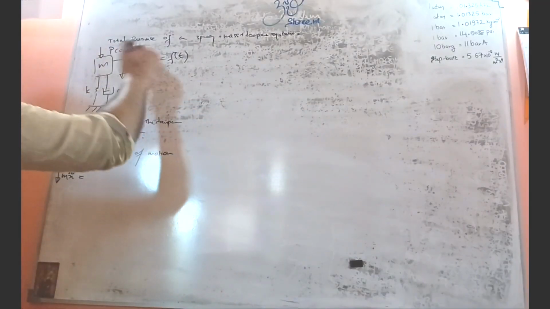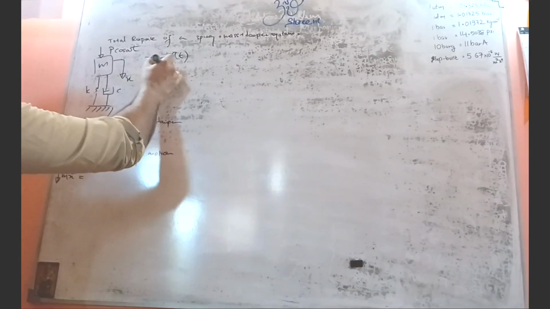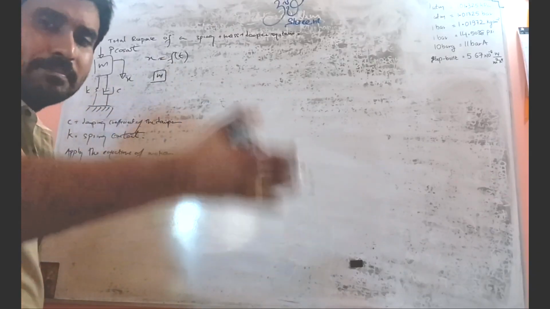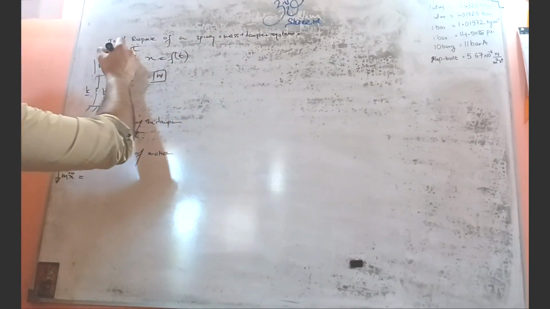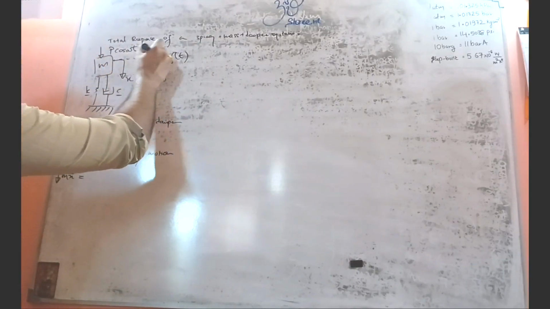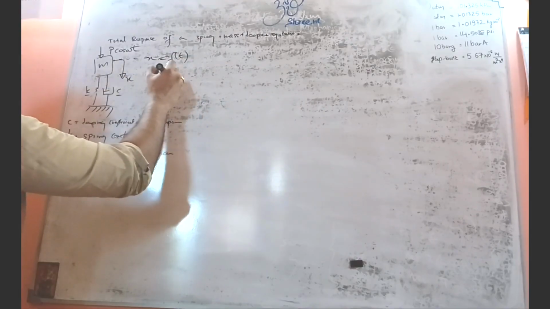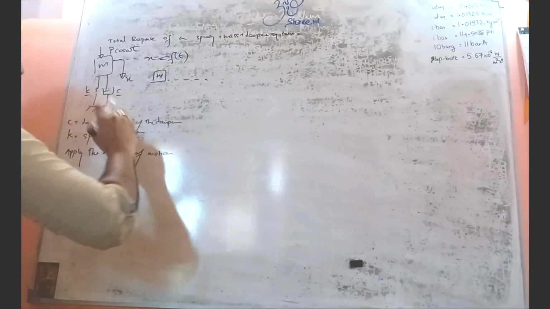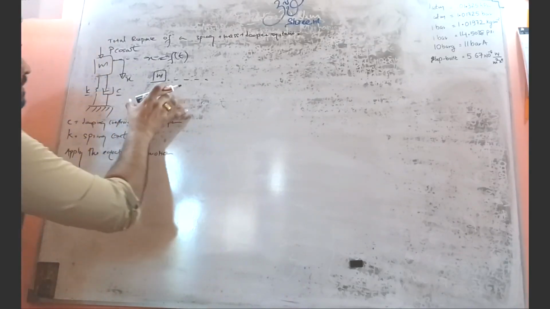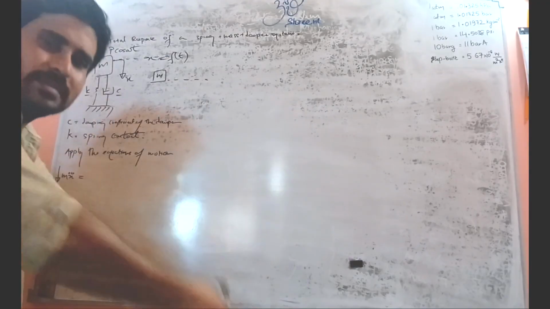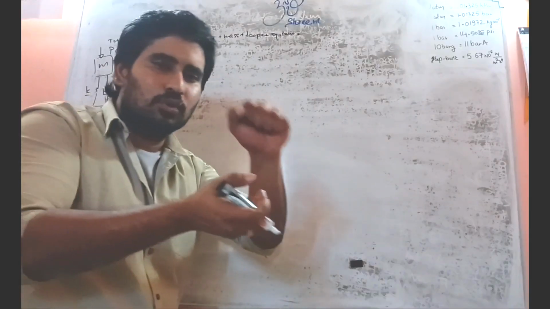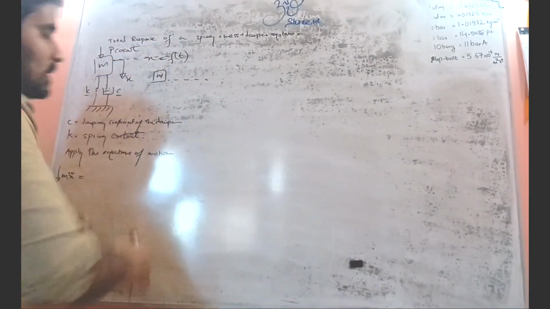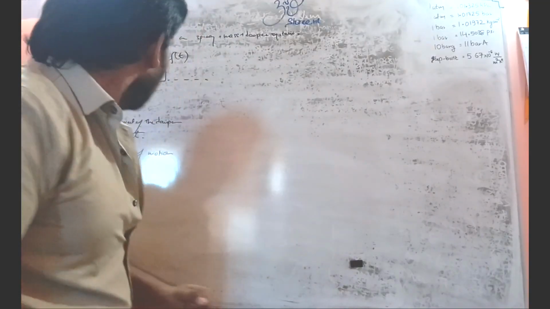Another thing, if I consider this mass, this mass is actually pressing both the spring and the damper. So let's say this is state 1, and this is state 2. You can identify that this mass has pressed both the spring and the damper.